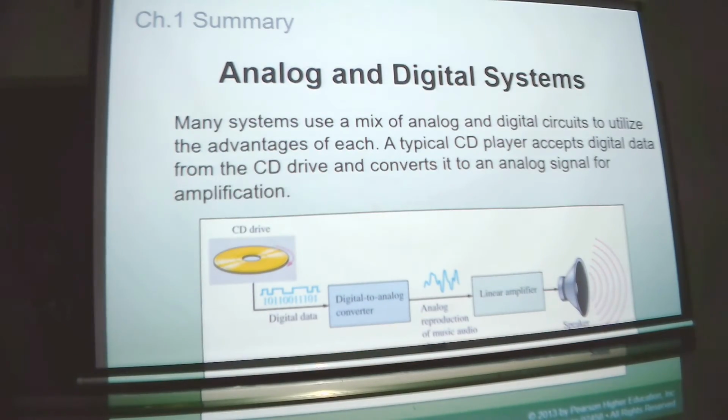Analog and digital systems. Many systems use a mix of analog and digital circuits to utilize the advantages of both. What type of CD player? Do you play a CD player?